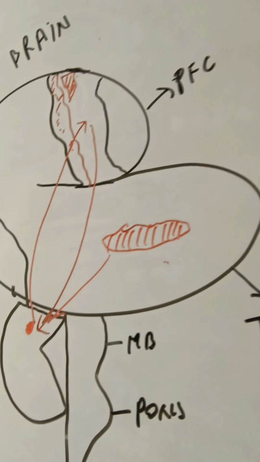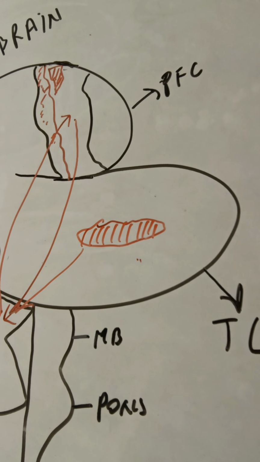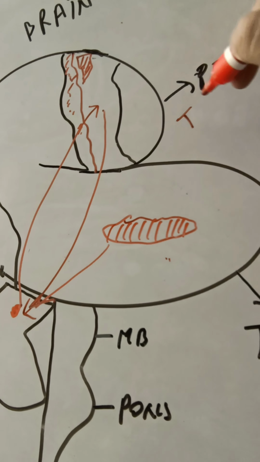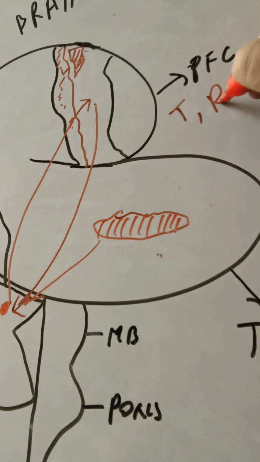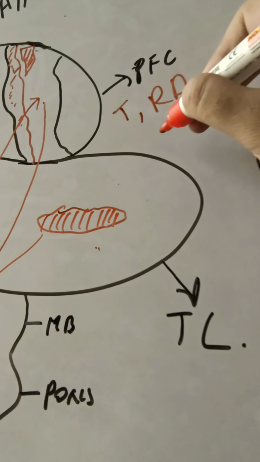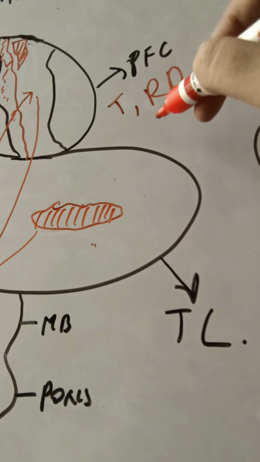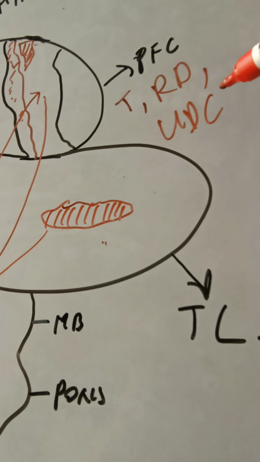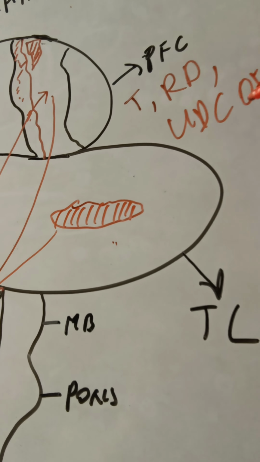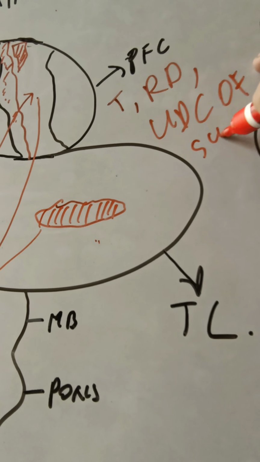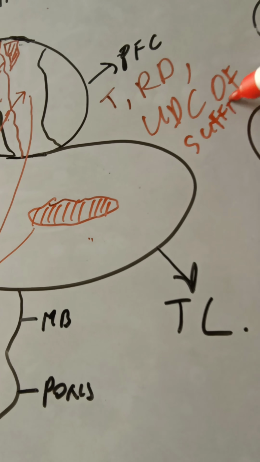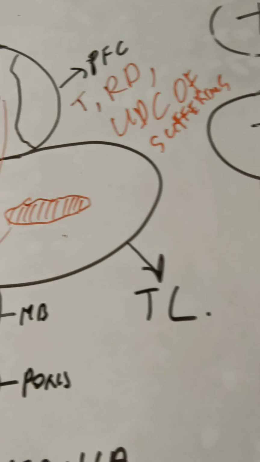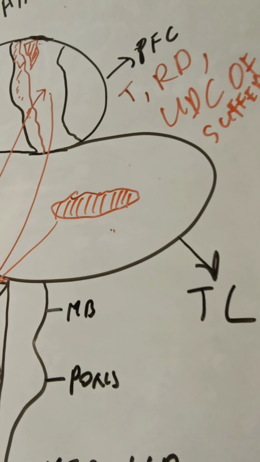By stimulation of the prefrontal cortex, we're able to think well, we can make the right decision, we can also understand the condition of the suffering. So when you do all of this, you have to stimulate your prefrontal cortex.